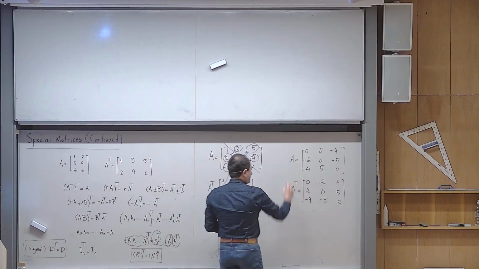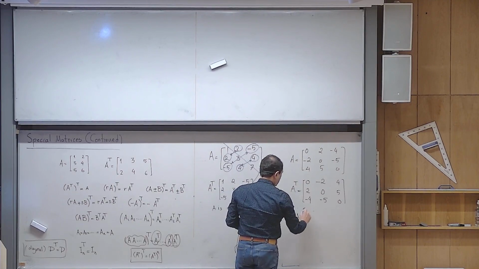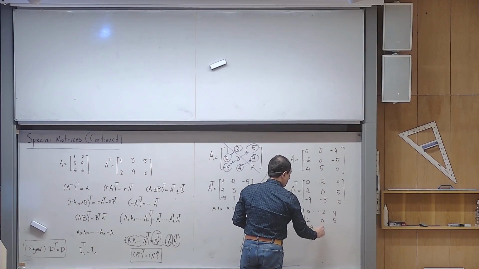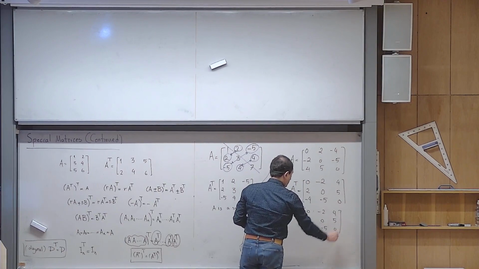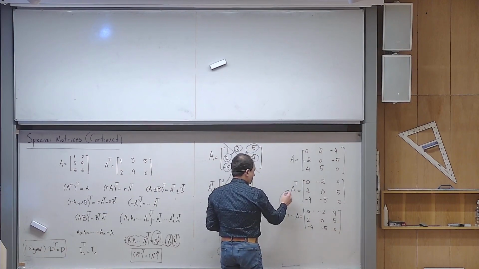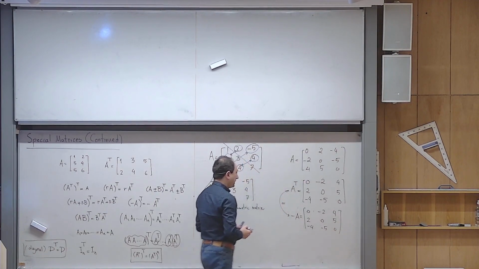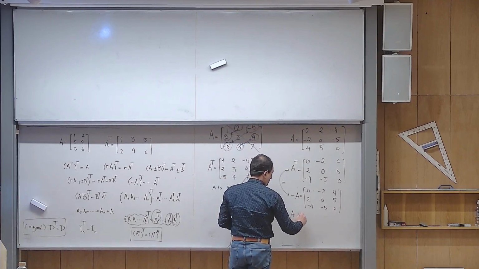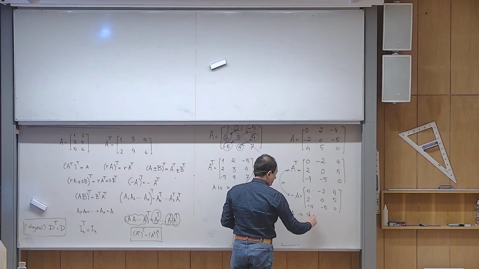Because if I ask you to calculate negative of A, then this becomes 0, minus 2, 4, 2, 0, 5, minus 4, minus 5, and 0. And then you compare them, they are equal. So this means that this matrix A is skew-symmetric.